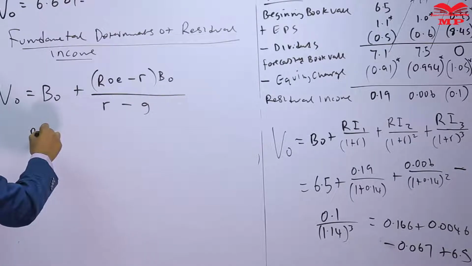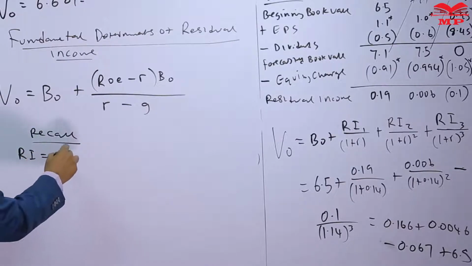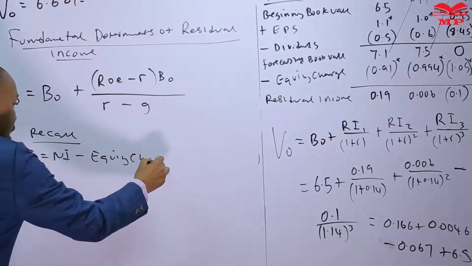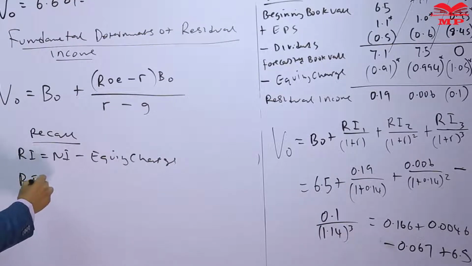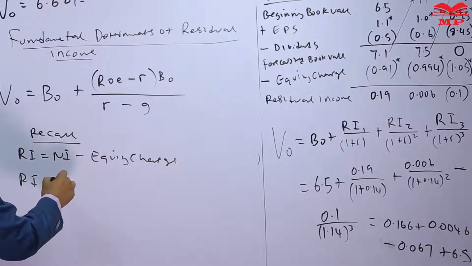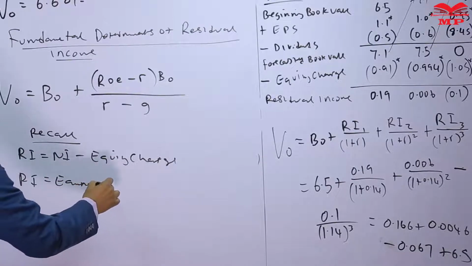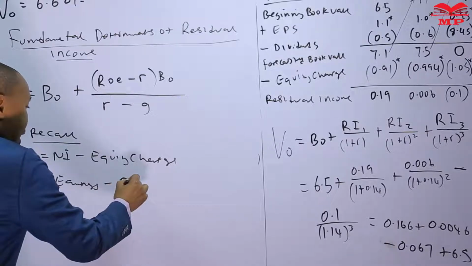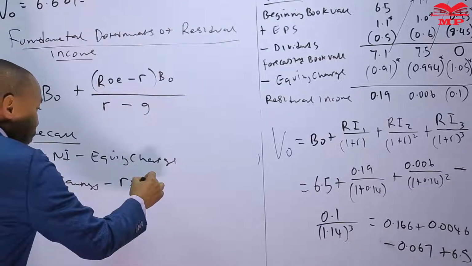Remember, recall, we say that residual income, or RI, is given as net income less equity charge. We also say that residual income is given as the earnings less the equity charge. The equity charge component is R, the required return, times beginning book value.